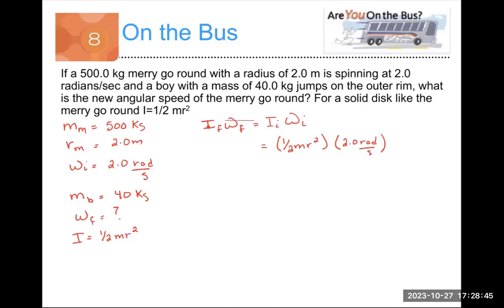Now, finally, we have the moment of inertia, which is 1/2 mr squared, plus we have to have the moment of inertia of our boy, which is mbr squared. And that's going to be times our omega f.